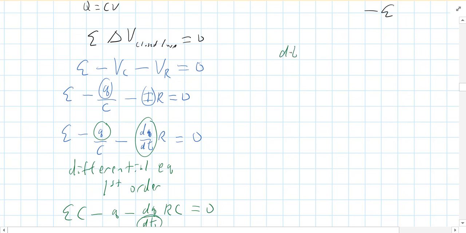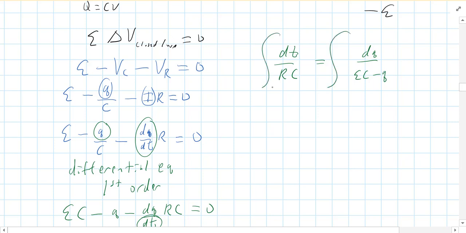On one side, you would have dt over RC. On the other side, you have dQ over EC minus Q. So now we've separated our variables. We have t on one side, we have Q on the other. And now we're going to integrate.